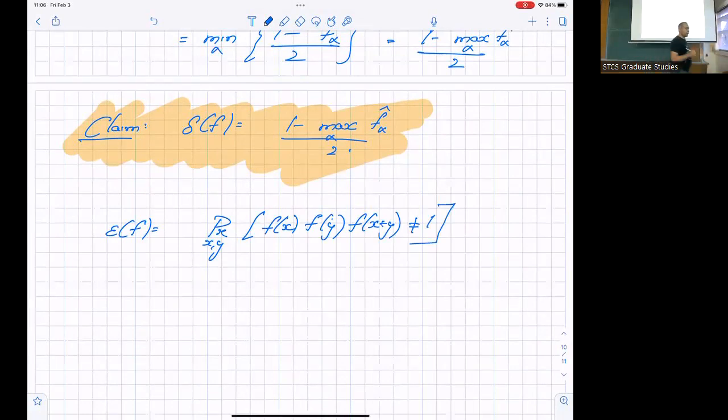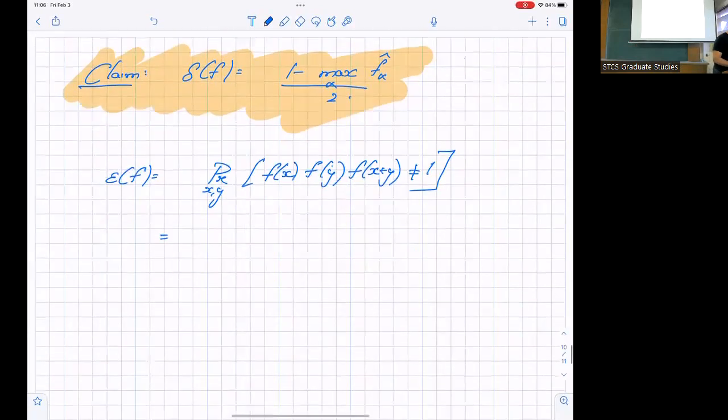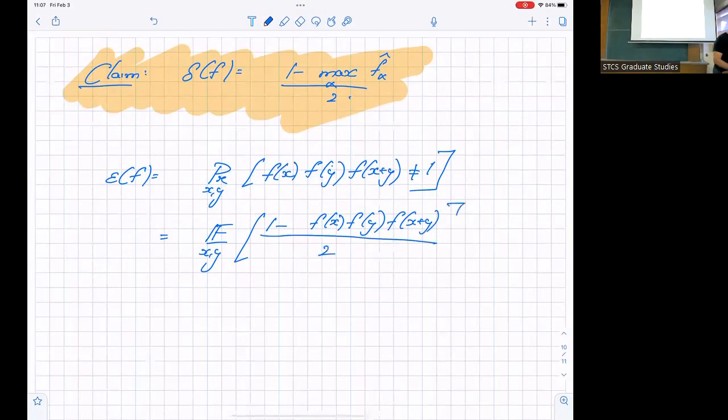We'll do exactly the same thing as what was done before. This is exactly the expected value over x, y of 1 minus f of x, f of y, f of x plus y, all by 2.